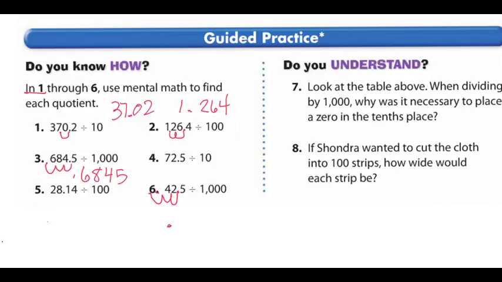So I have my decimal, then I have to put in a placeholder, and then I put in my same digits, 4, 2, and 5. So I end up having 425 ten-thousandths. Keep that in mind, because that's a common error that people make sometimes.